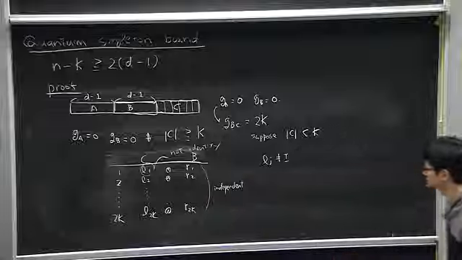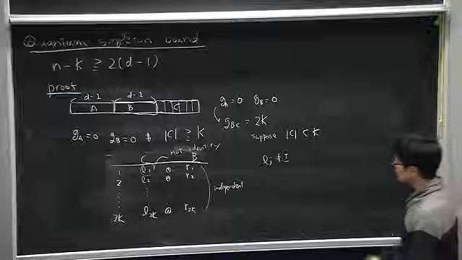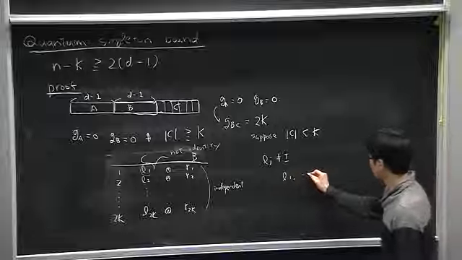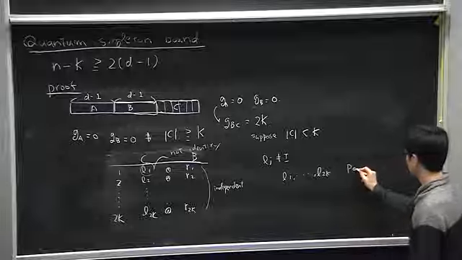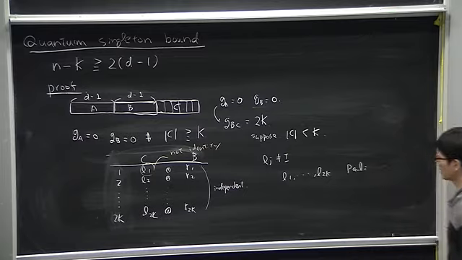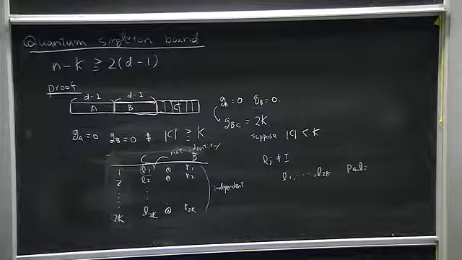So it should not be the case. But now we have L_1 through L_2K. These are some Pauli operators. Again, there are only 2K independent Pauli operators.